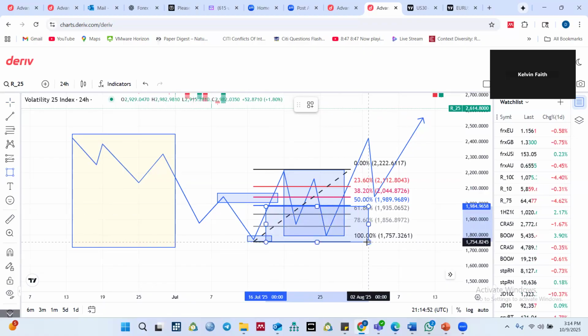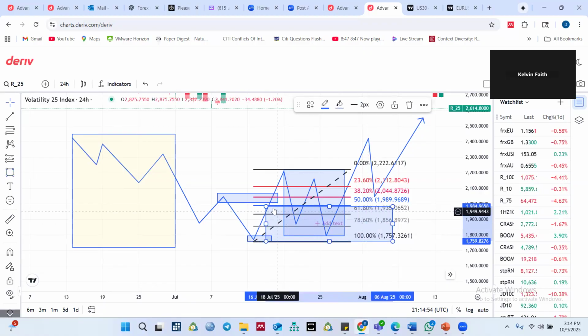It's giving you a discount price. At 50% is equilibrium, a fair price. And above 50% is premium. We mostly don't buy there. The institutional or smart traders take their buy entries at discount. They want a low price so that as price is going up high, they are making profit.